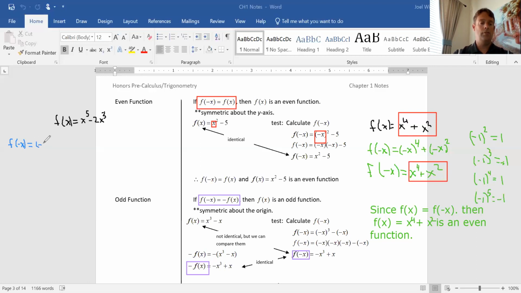I get negative x to the 5th minus 2 negative x to the 3rd. And remember what we said, odd exponents will turn the value to be negative.